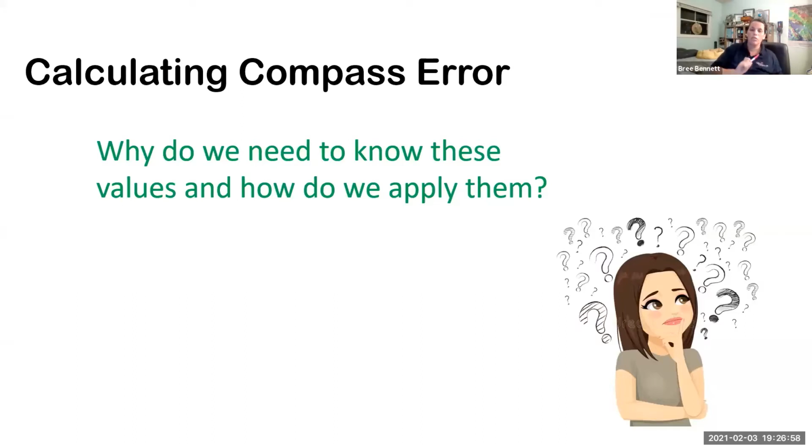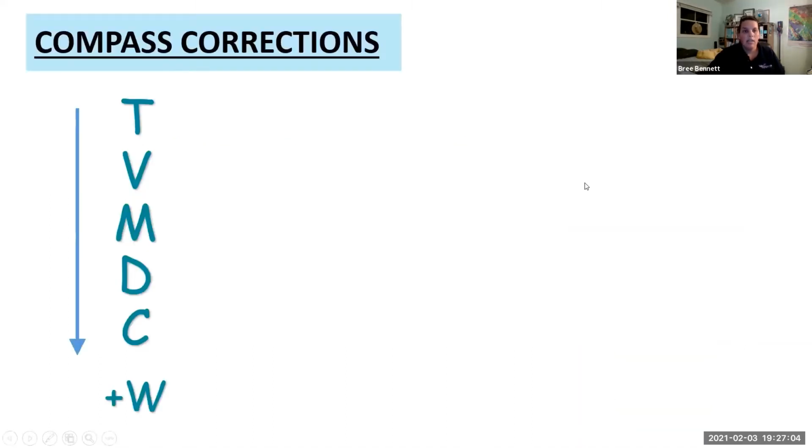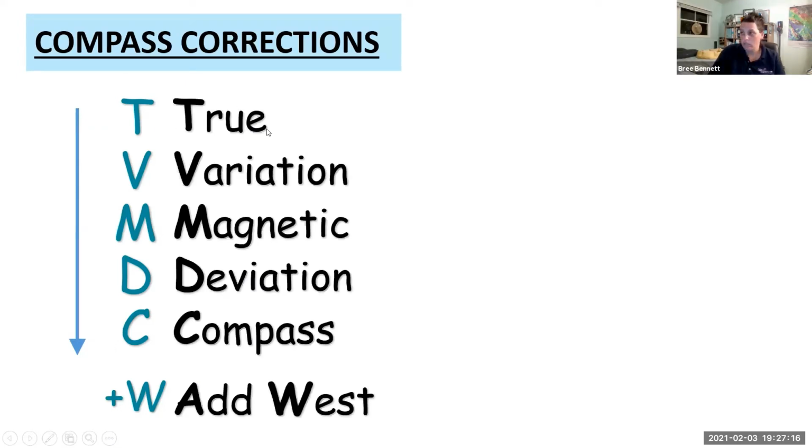Okay, so how do we apply these numbers? This is going to be one of our first formulas. So our compass correction formula, our basic formula here, is going to be TVMDC. That is true. That's your true course or bearing.